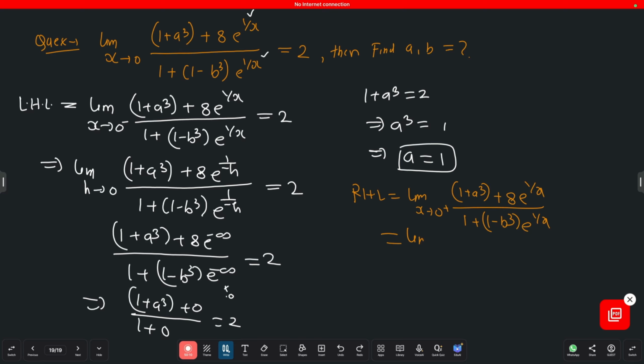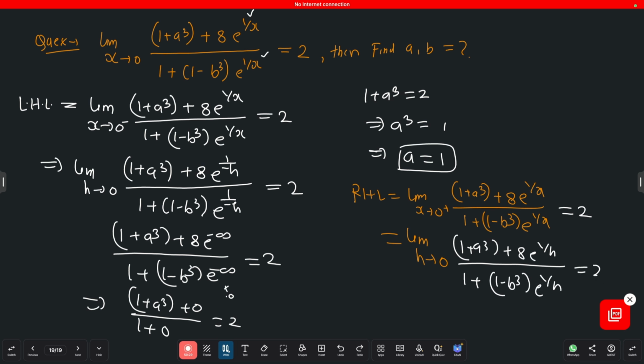When you replace x by h, h tending to 0, it will be 0 plus h, equals 2: 1 plus a cube plus 8 e power 1 by h upon 1 plus 1 minus b cube e power 1 by h equals 2.